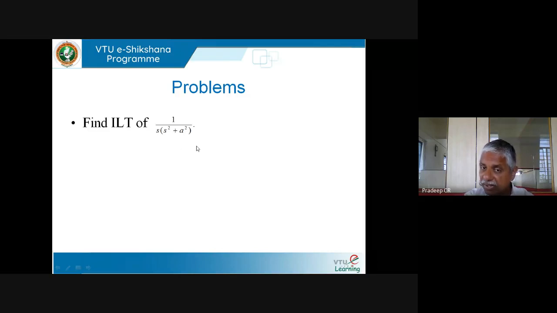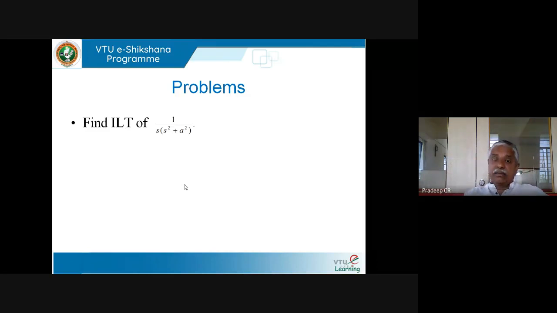And 1 by (s square plus a square) is the Laplace of something very easy: the Laplace of 1 by a sine at is 1 by (s square plus a square). So the first step to solve this problem is to recognize this function as a product of Laplace transforms of two functions.